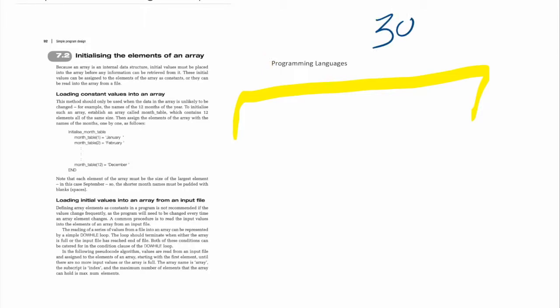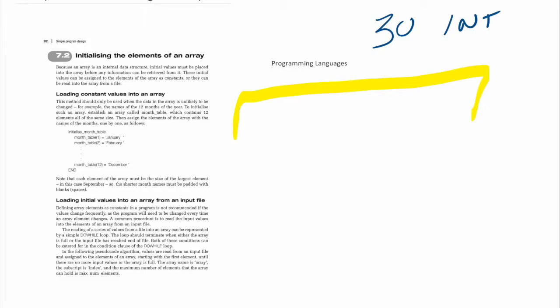The operating environment is going to take however much space you request. So if we look at the previous example and we said we need 30 int, we need 30 integer values worth of space.